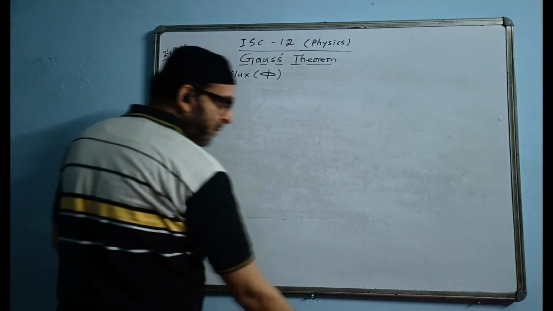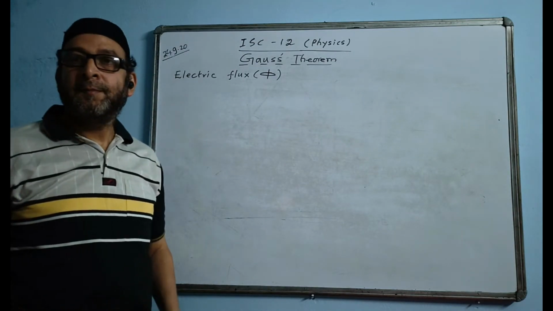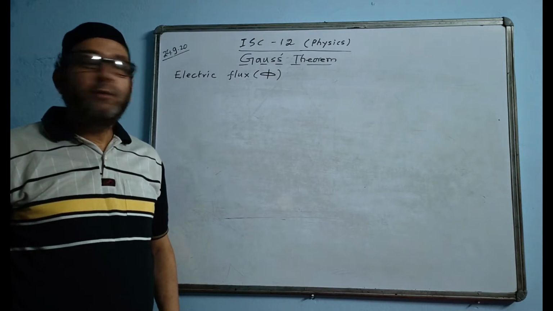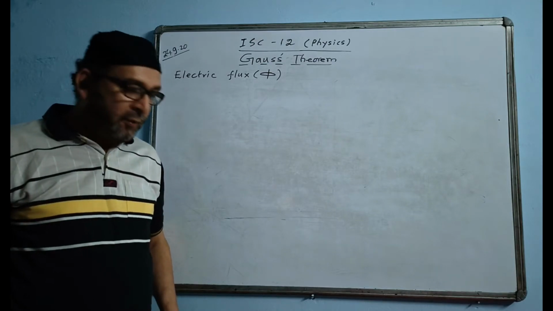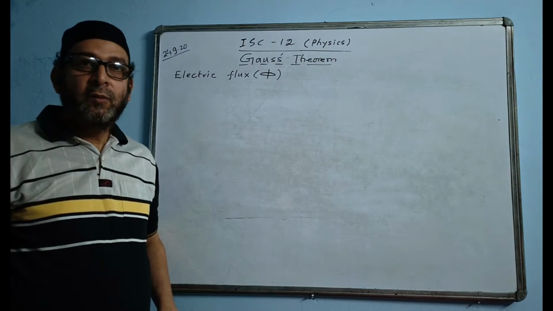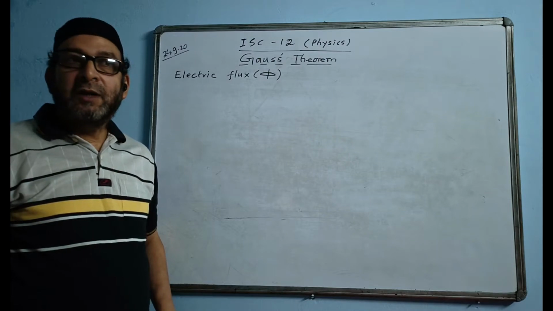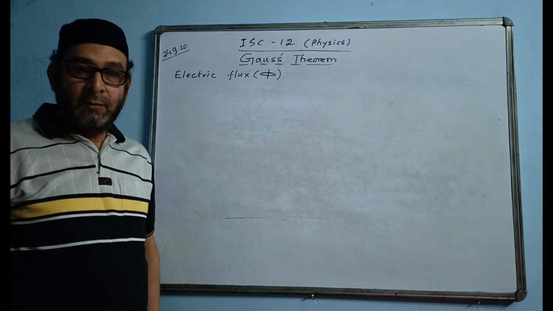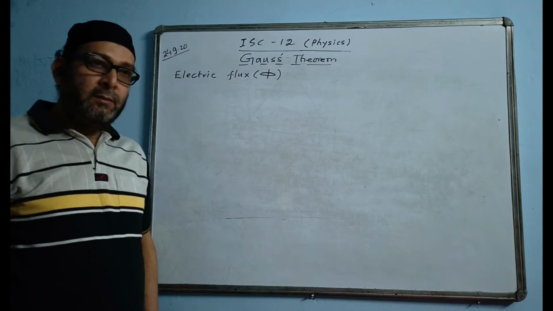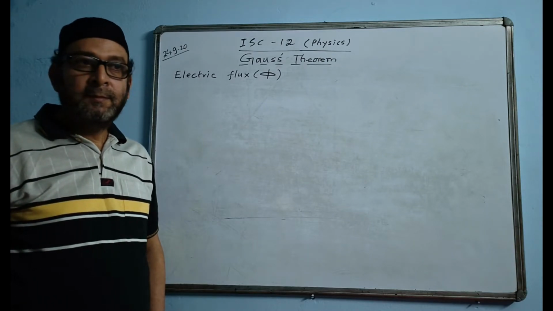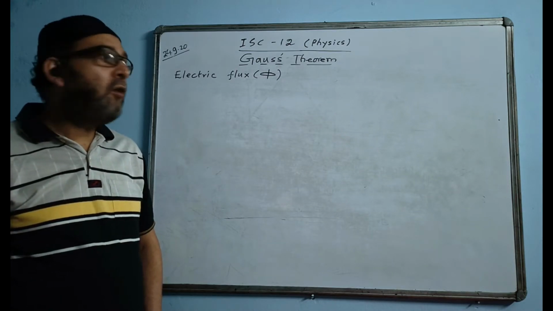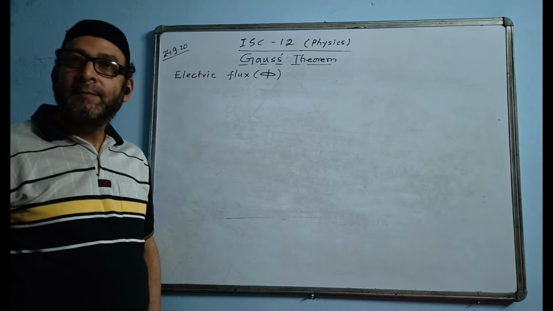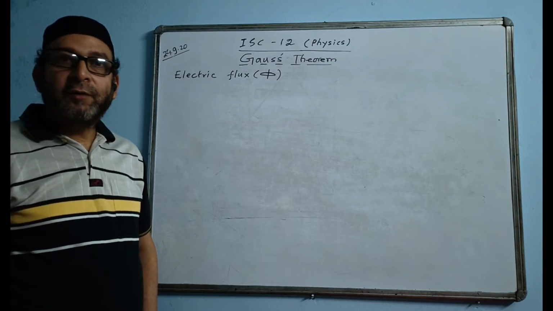The question says, find the net flux passing through the following hollow cylindrical conductor of radius r, small r, and length L in the uniform electric field capital E, as shown in the following figure.